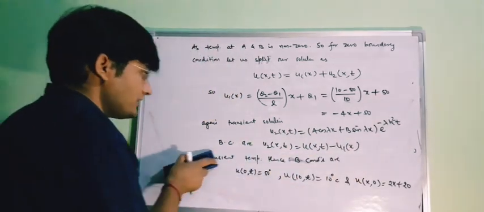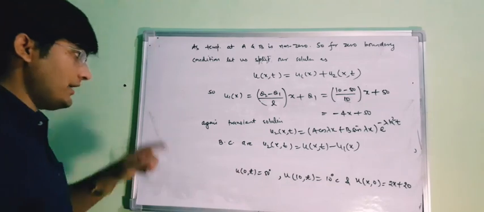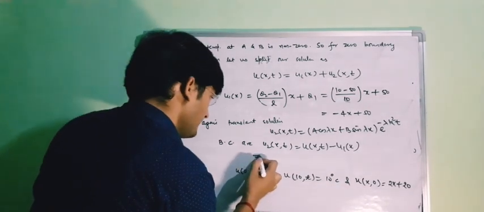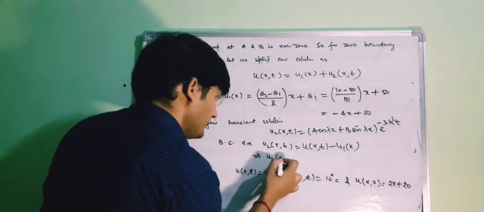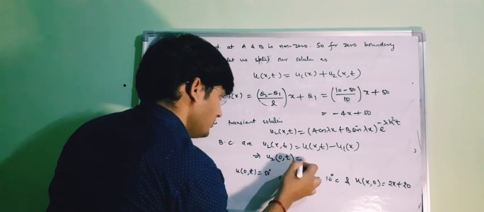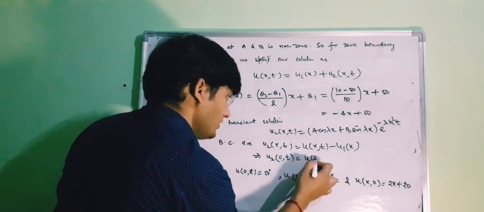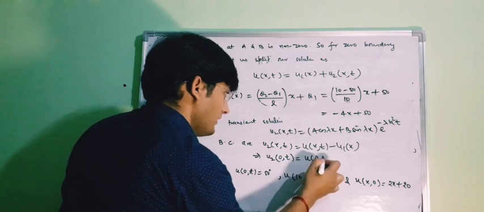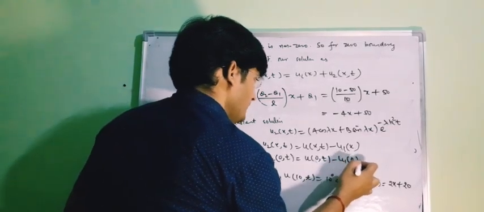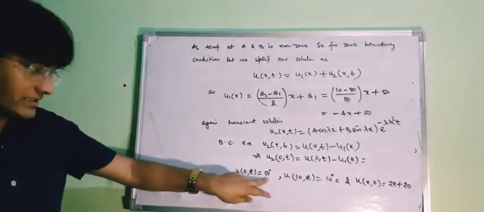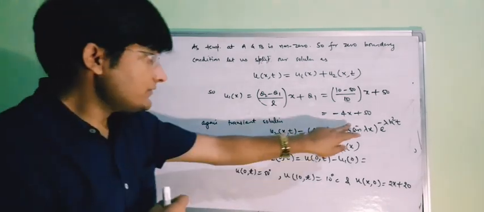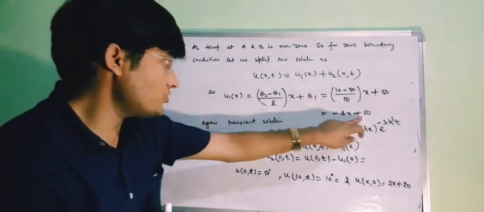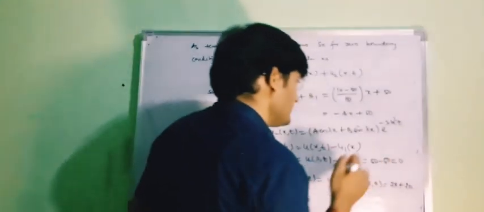So from here you can see that if x is 0, then this will be u(0,t) minus un(0), and your u(0,t) was 50 degrees centigrade and un(0) is 50, so this will be 50 minus 50, that means 0 degree centigrade.